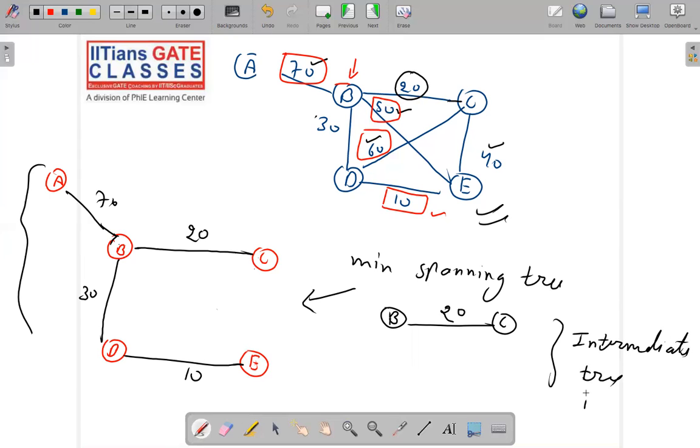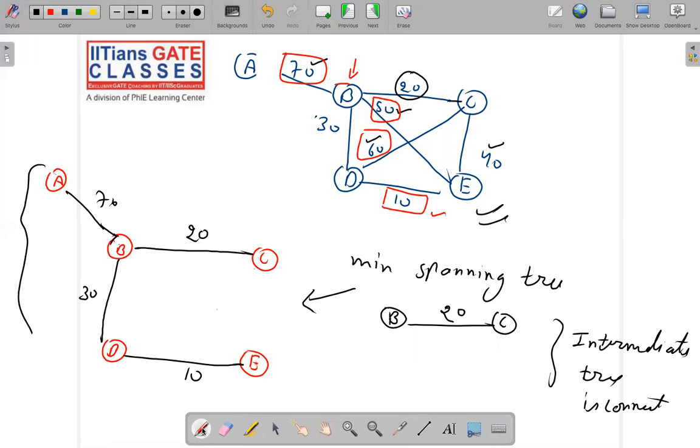It is not like B and C are here and E is somewhere separate. Once you explore a node, you add it to the tree.